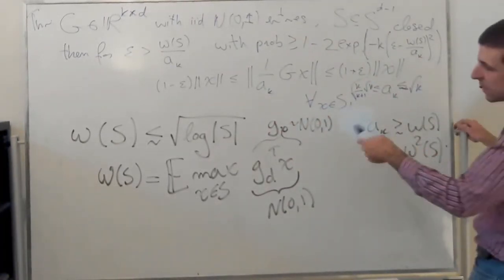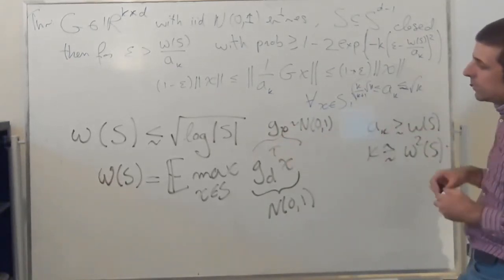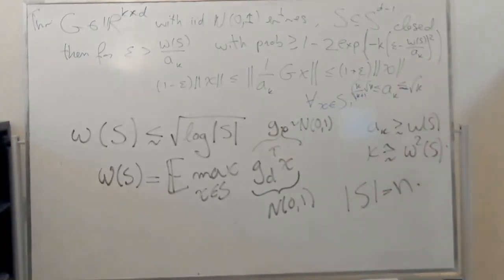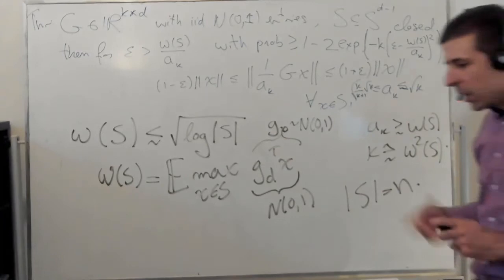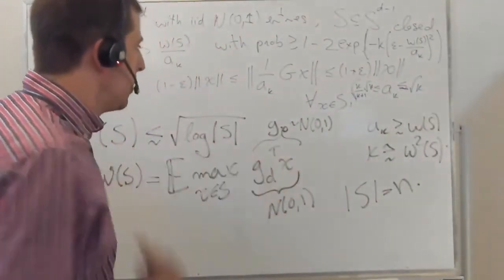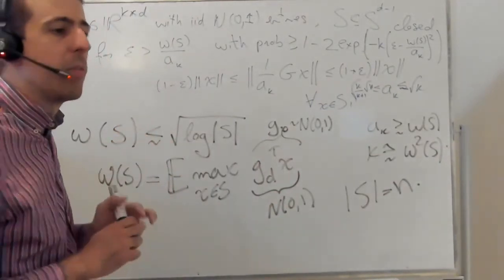So we're just taking the expected value of a maximum of size of S Gaussians. Let's say the size of S is N. We're just taking the maximum of N Gaussians. Regardless of whether they're independent or not, the maximum is always bounded by a constant times square root of log of how many of them there are.